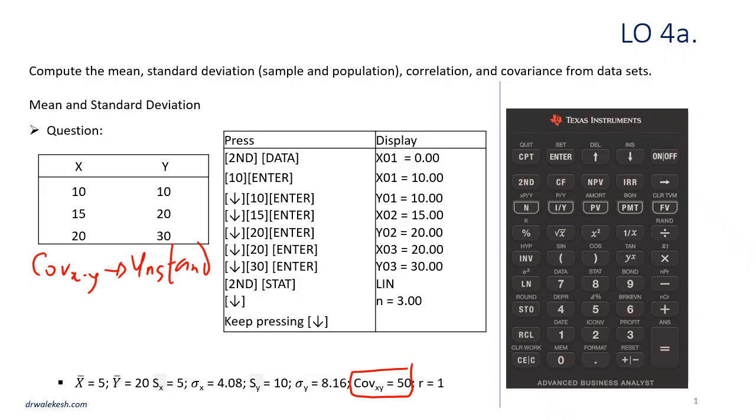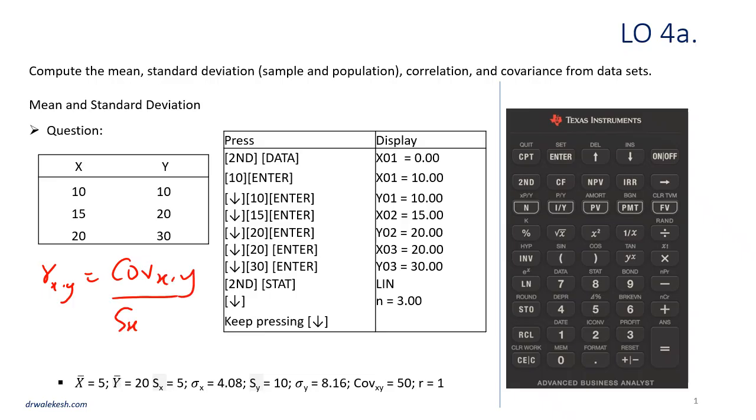As we said on the previous slide, the correlation of x against y is standardized. So if that is the case, that will help you recall the formula. The correlation of x against y is equal to covariance of x against y all over standard deviation of x times standard deviation of y.